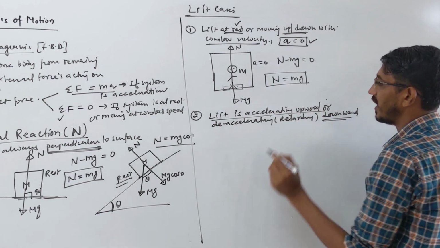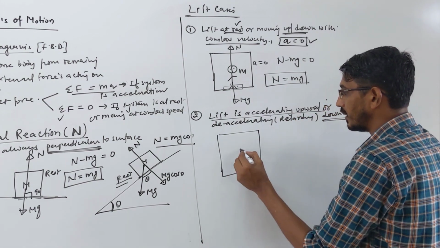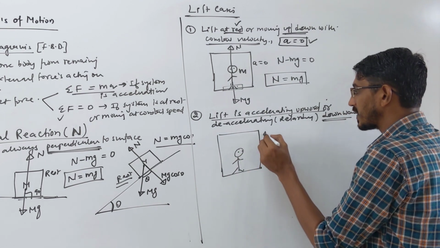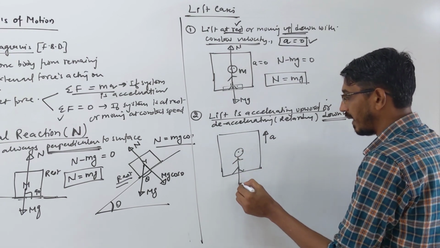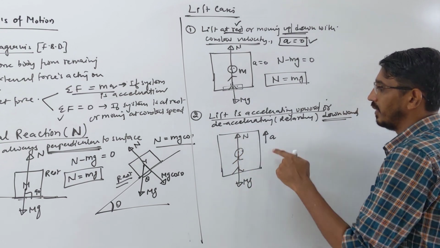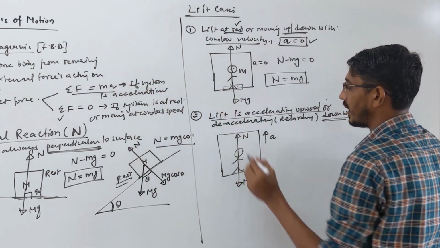Suppose the lift is accelerating upward. The same lift I draw again, and this is a person here. This lift is accelerating upward with acceleration a. Let's write the forces acting on this person: mg downward, normal reaction upward, and the acceleration is upward. So the equation comes: net force is equal to ma, because it is accelerating.